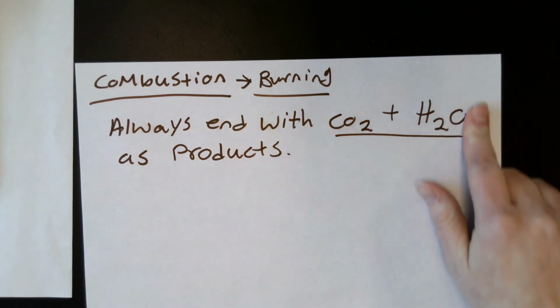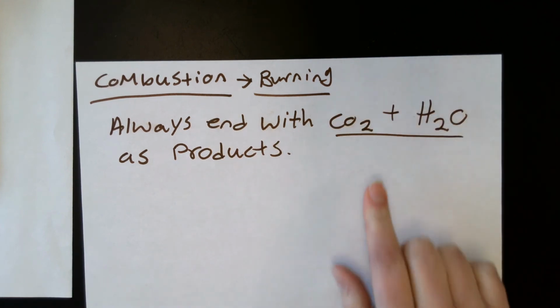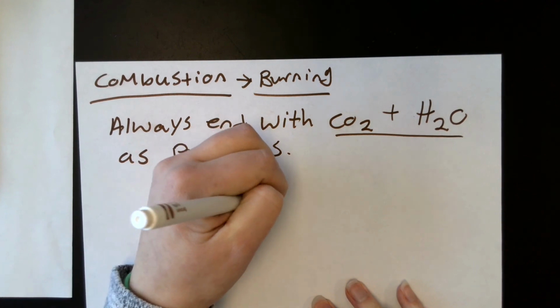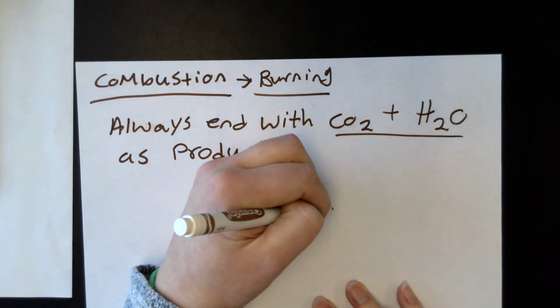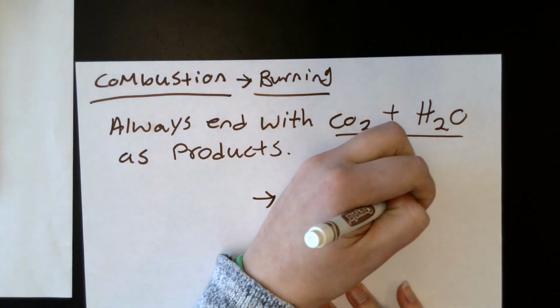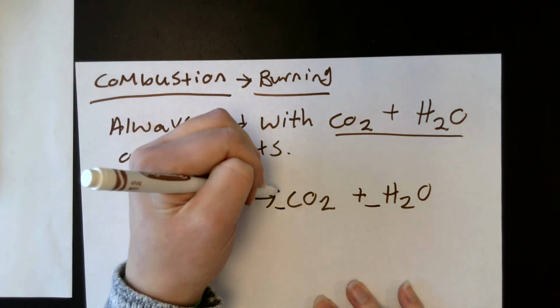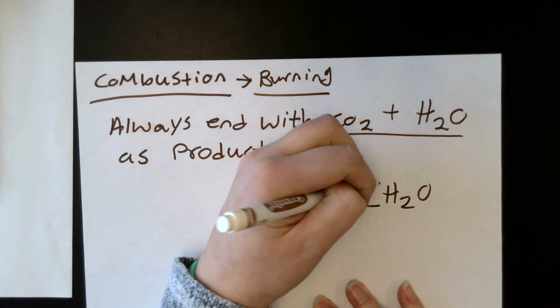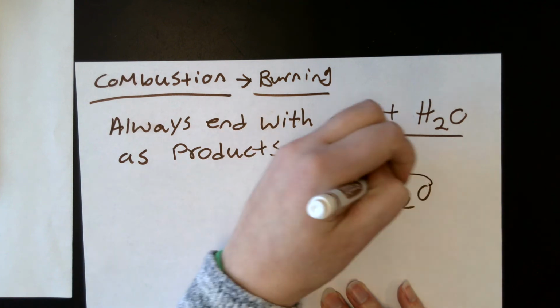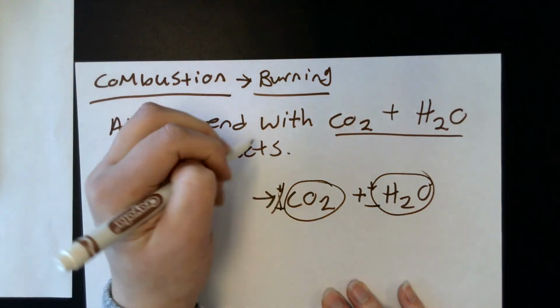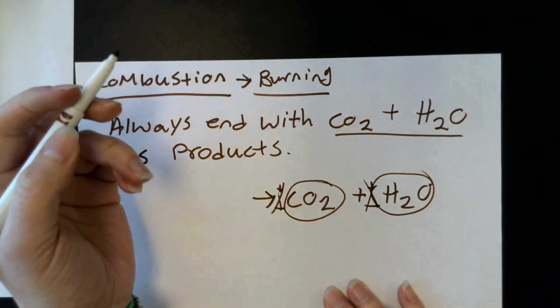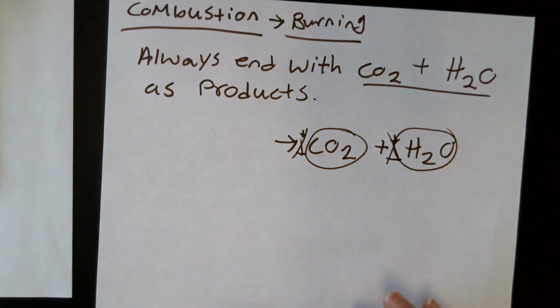So whenever you see this on the product side after the arrow, it doesn't matter what is in the front, as long as it is CO2 and water, you have combustion. Okay?